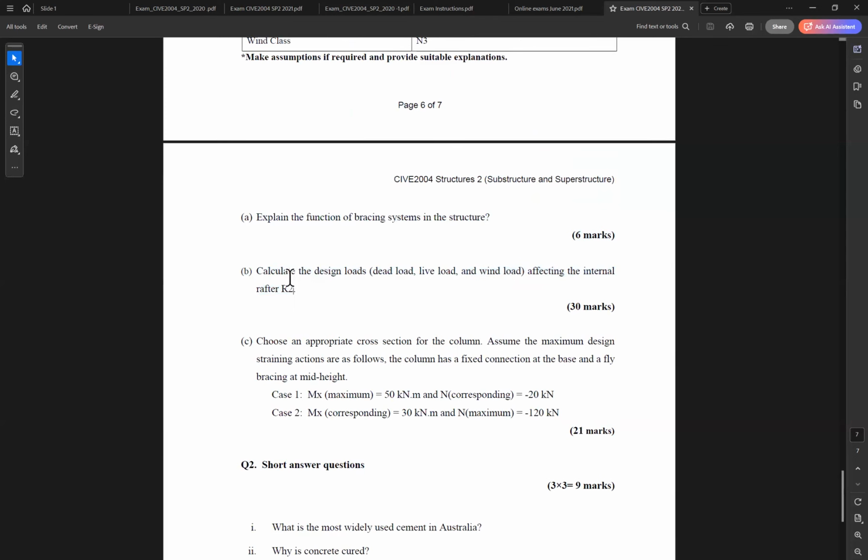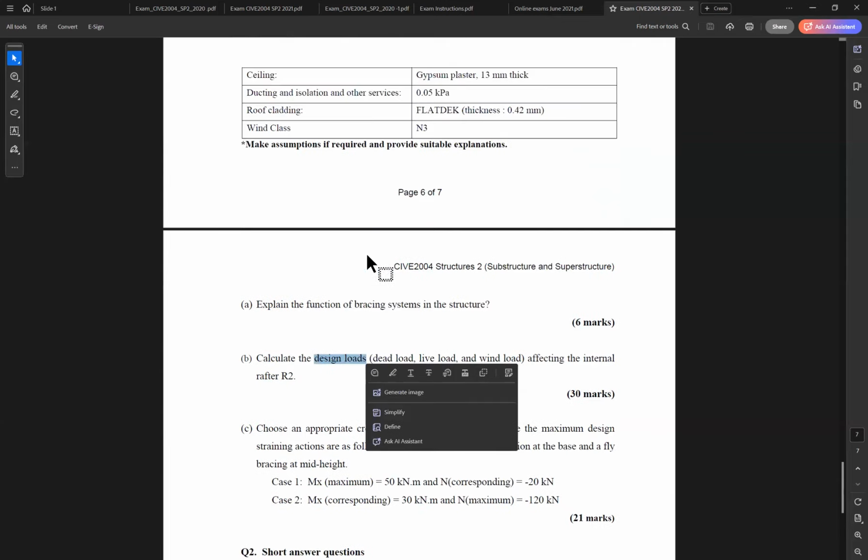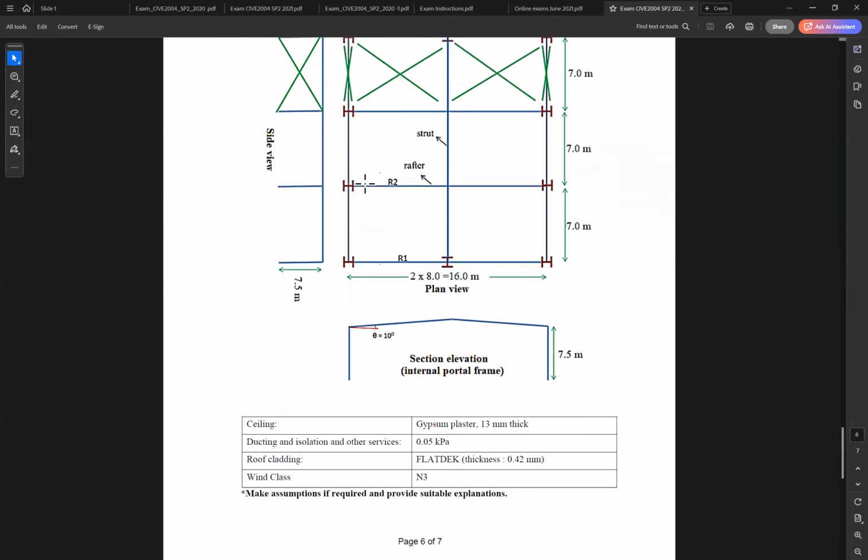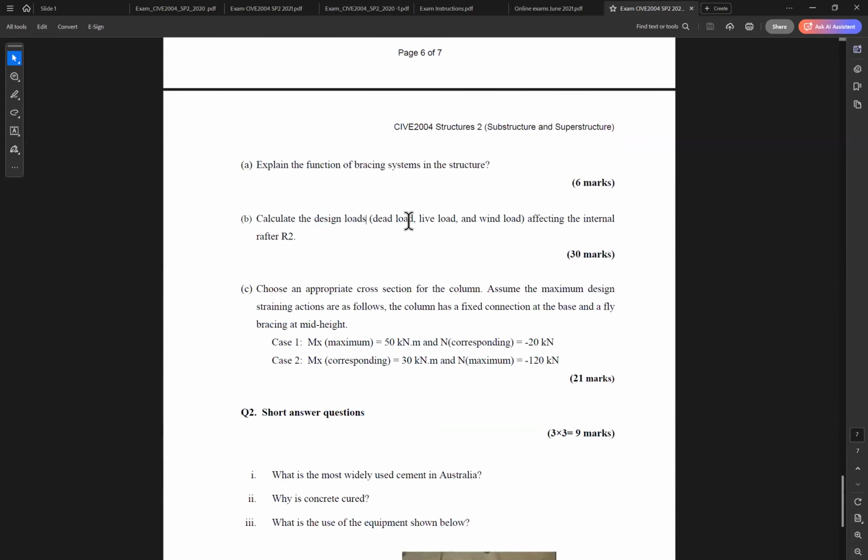So in part B, we need to find the loads on beam R2. R2 is an intermediate beam, so it will carry a load width of 7 meters, for example, and then you can determine the dead load, live load, and wind load.